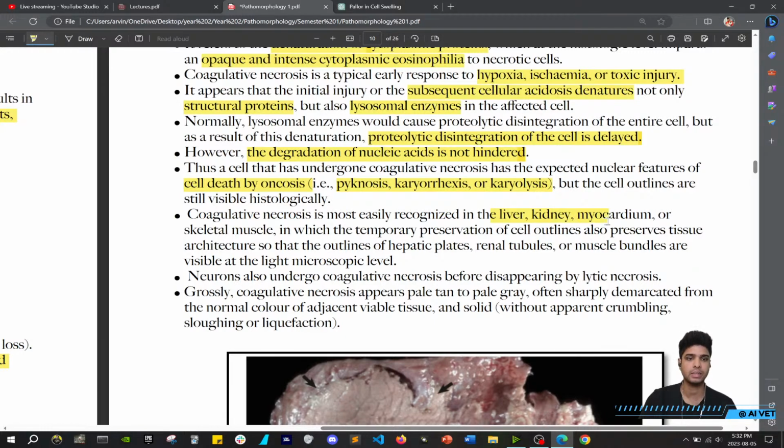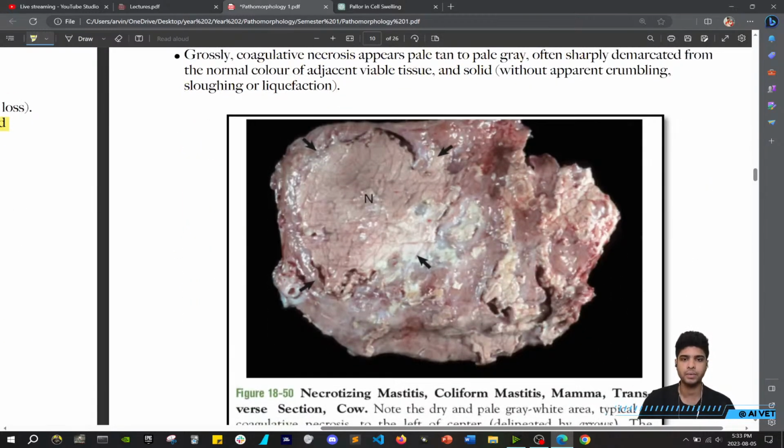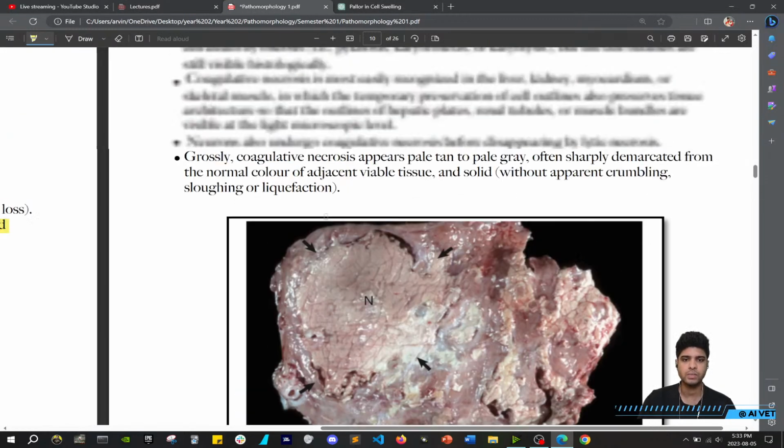It can be recognized in liver, kidney, myocardium, and skeletal muscles. The cell outlines are still visible when it comes to coagulative necrosis.